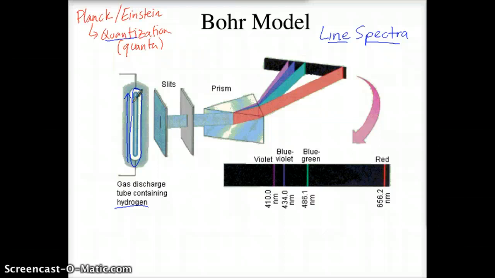And we can then control all the light that's getting emitted by this gas tube by choosing a narrow slit here, where some light gets passed through specifically. We can bend it through a prism. And when that light gets bent through a prism, it gets refracted. Refraction, which is a fancy word for light getting bent.